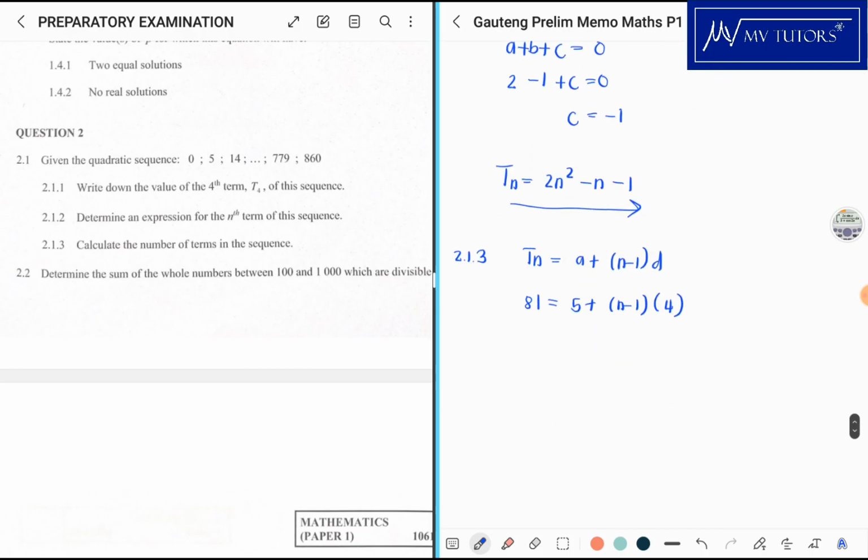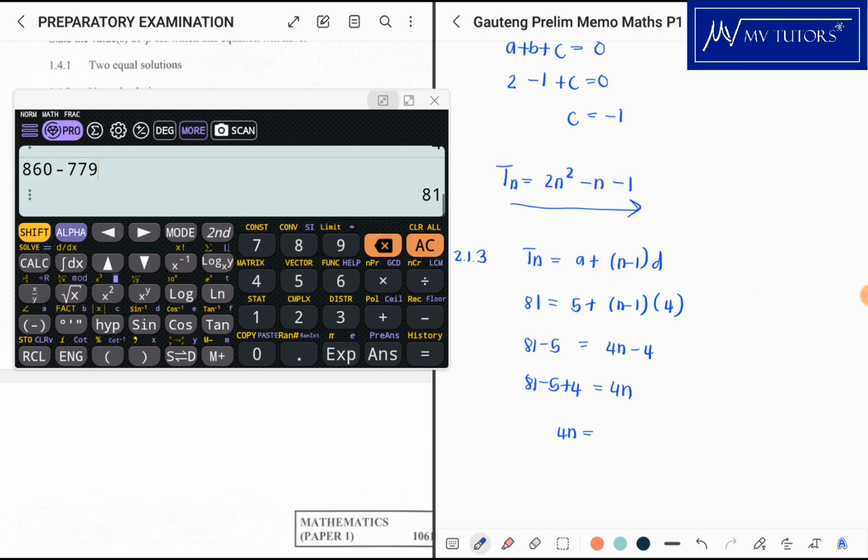So 81 minus 5 is equal to 4n minus 4. So 81 minus 5 plus 4 is equal to 4n, which is 80. And n is equal to 80 divided by 4, 20. But we are not done.